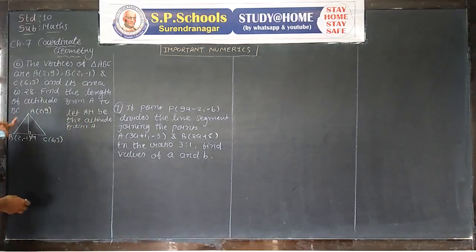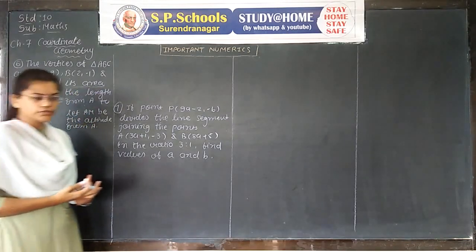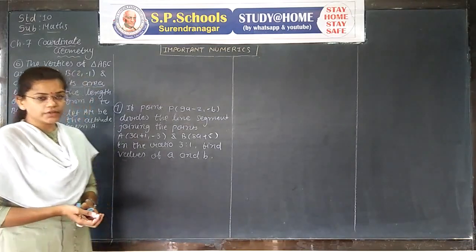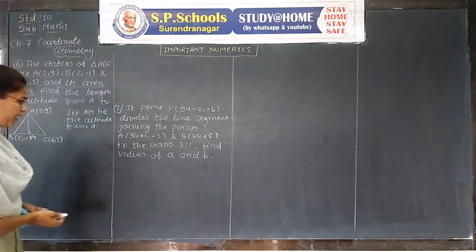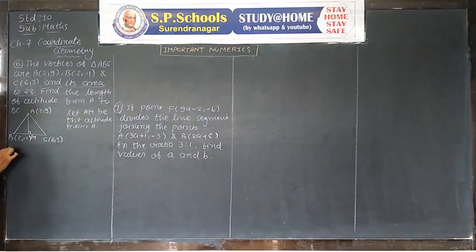First of all, the area of the triangle is given as 28. We know how to find the area of a triangle: area is equal to 1/2 multiplied by base and height. The base is BC, which is not given, so using the distance formula we can find BC.